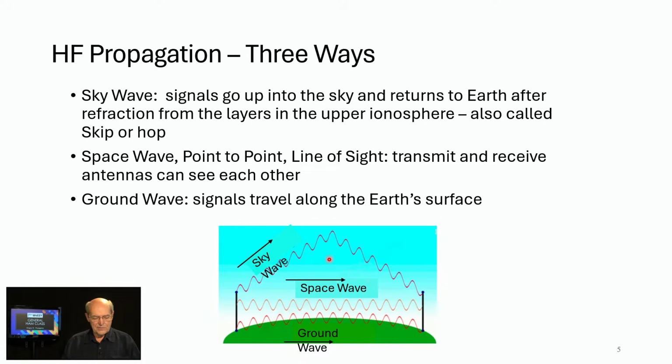And then sky wave, which we'll be talking about most of the time in this section, actually goes up to the ionosphere and gets refracted back down to Earth over here. So those are the three different ways. The sky wave is also referred to as skip or hop.